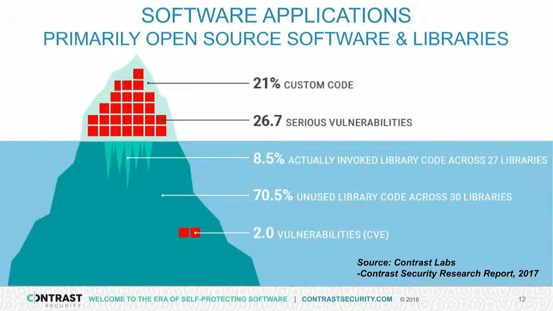If you look below the waterline, by sheer volume of code produced, you can see that libraries constitute the largest percentage of application source code, approximately 79%, with an average of about 2.0 library vulnerabilities, also known as CVEs. So there are fewer vulnerabilities found in libraries, but it should be noted that if those vulnerabilities are exploited, they can have a catastrophic result.